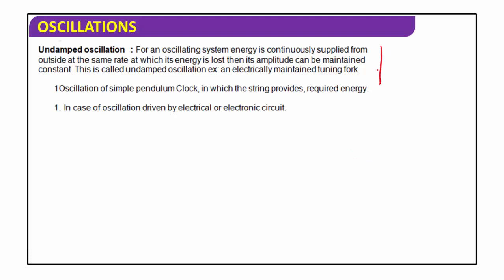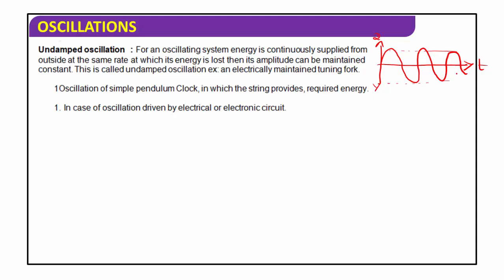When you draw the graph between displacement versus time, the amplitude of the particle remains constant with respect to time. These types of oscillations are called undamped oscillations.